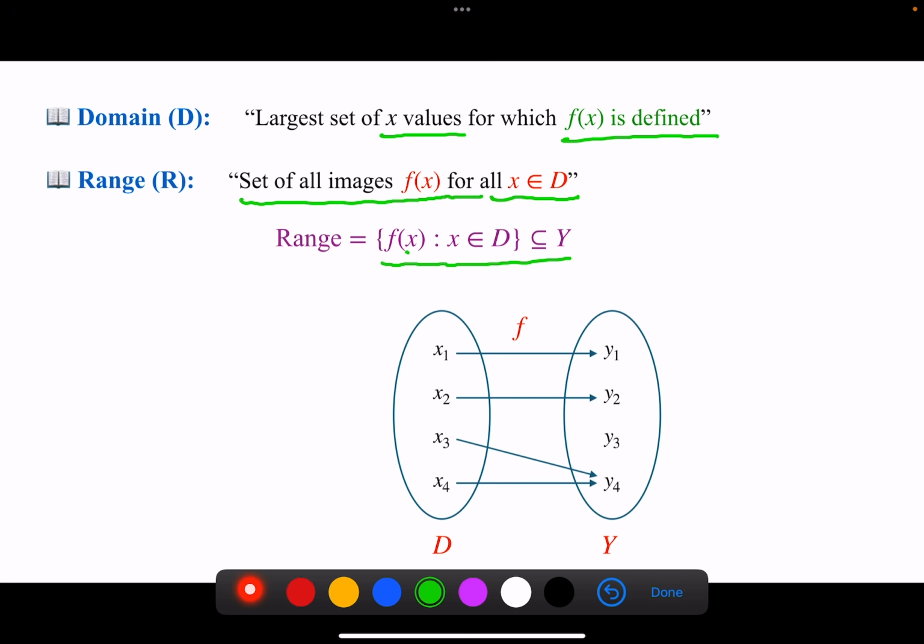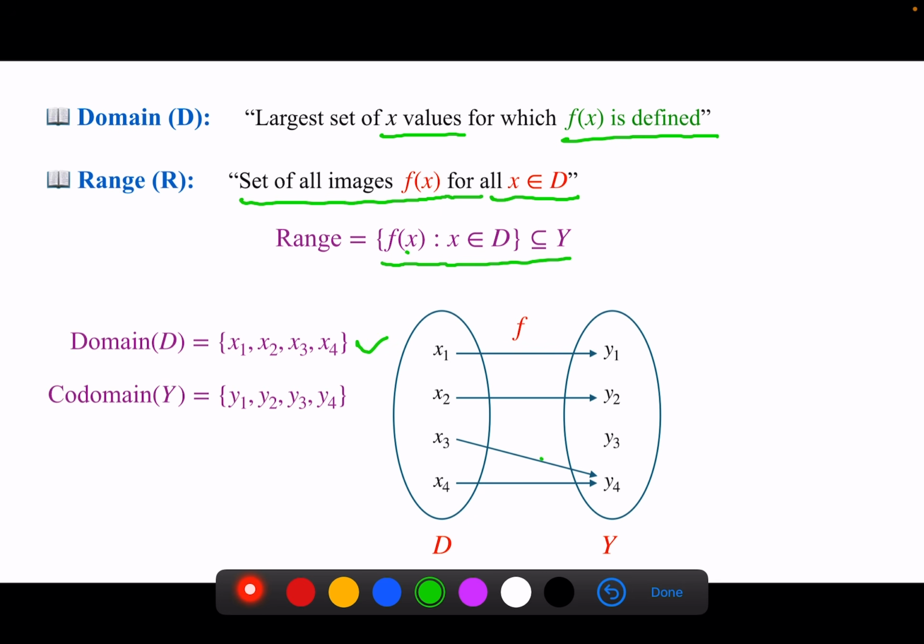For example, look at the diagram here. In this diagram, you see domain elements are x1, x2, x3 and x4. Codomain elements are y1, y2, y3, y4. So this is the set codomain. Now what is the range? Range is the set of all images.